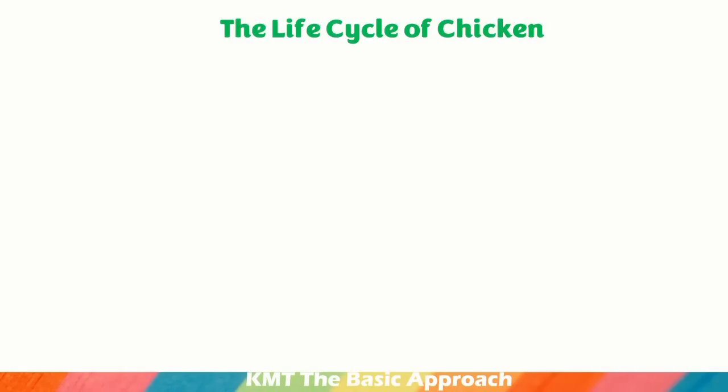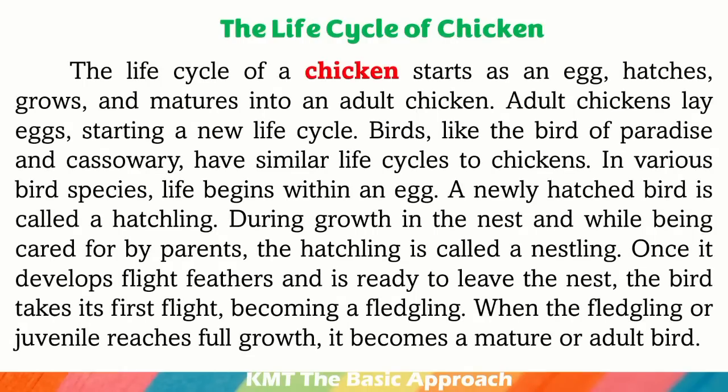The life cycle of chicken. The life cycle of a chicken starts as an egg, hatches, grows, and matures into an adult chicken. Adult chickens lay eggs, starting a new life cycle. Birds like the bird of paradise and cassowary have similar life cycles to chickens. In various bird species, life begins within an egg.